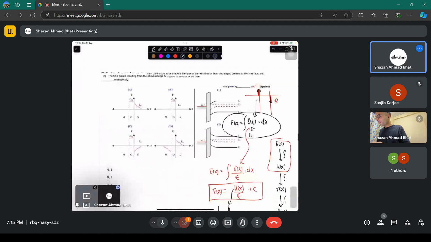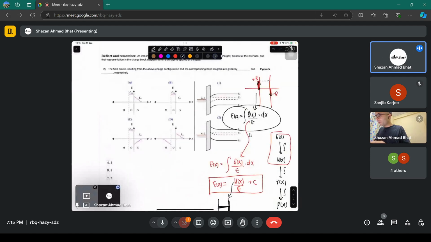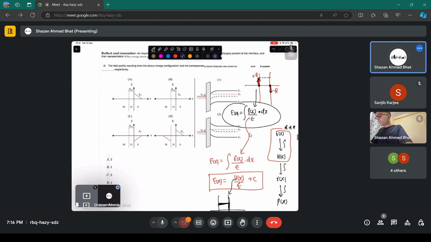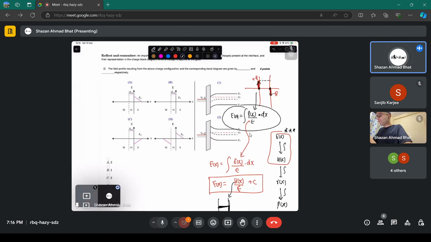So you have to consider integrating from this to this region. This is just a shortcut in understanding what happens if you don't want to do the full mathematical derivation. So you get a constant field, and that obviously comes from electrostatics.